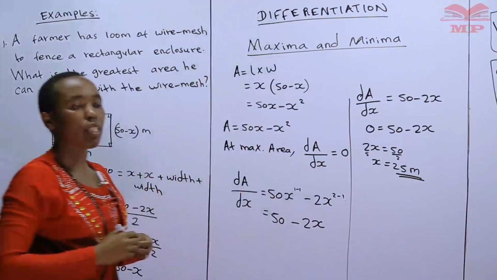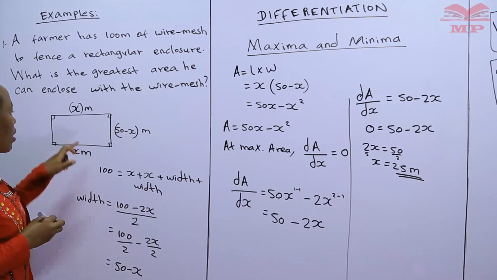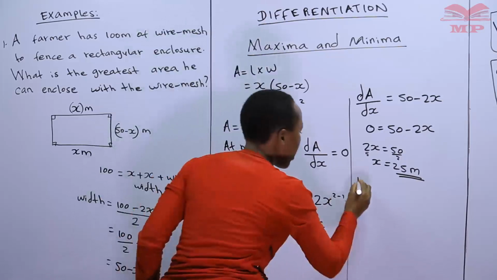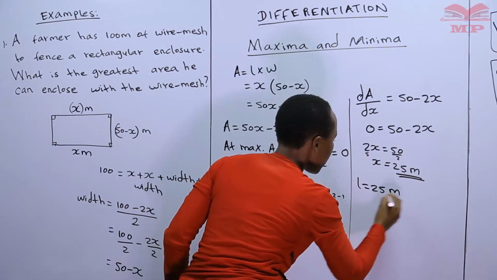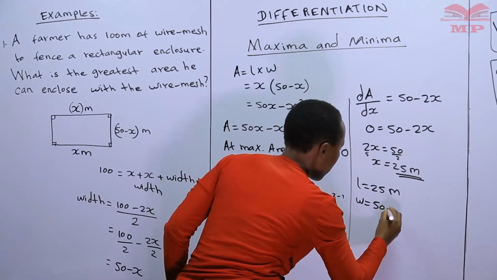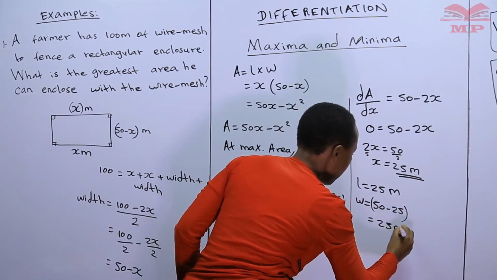So x is 25 meters, that's the length. The width is 50 minus x. So 50 minus 25, again we have it as 25 meters.